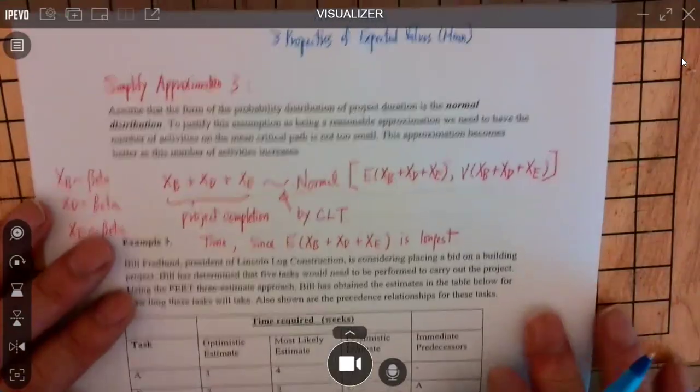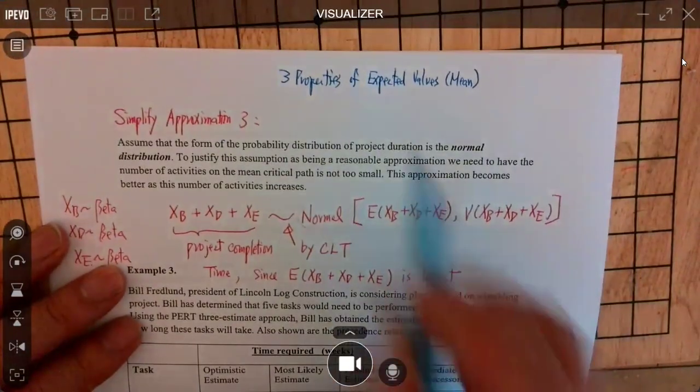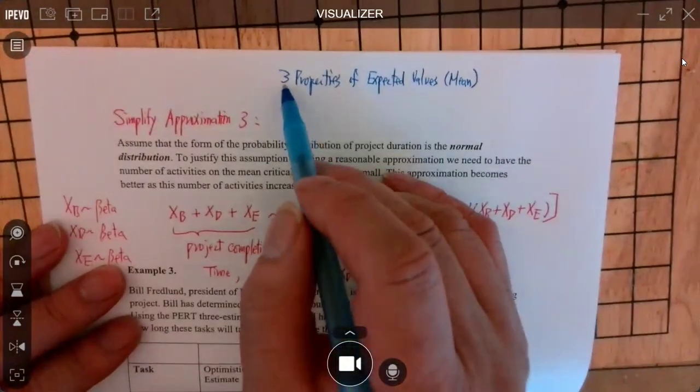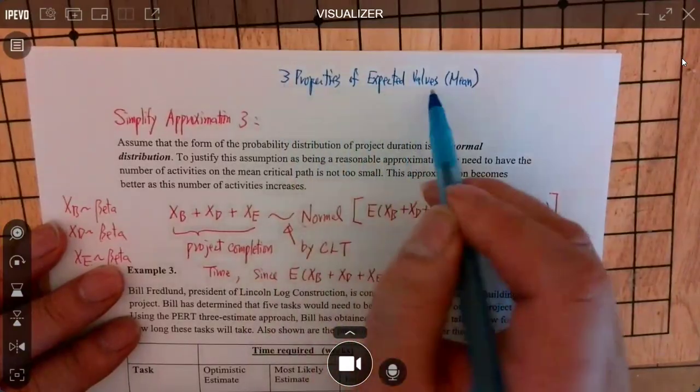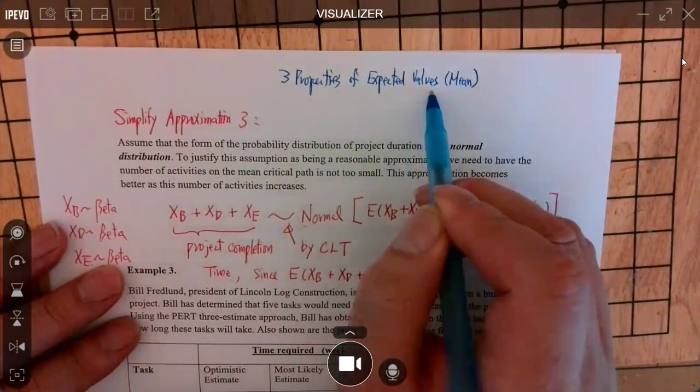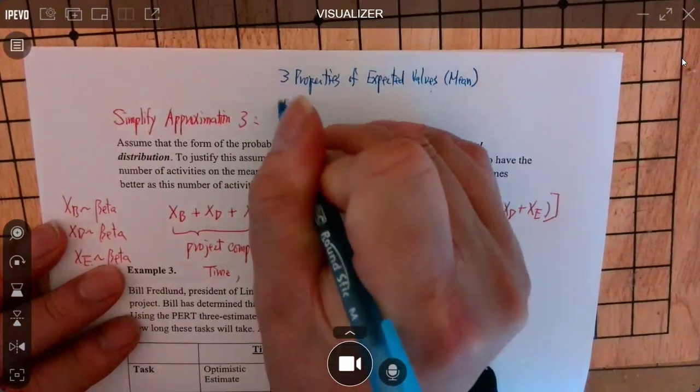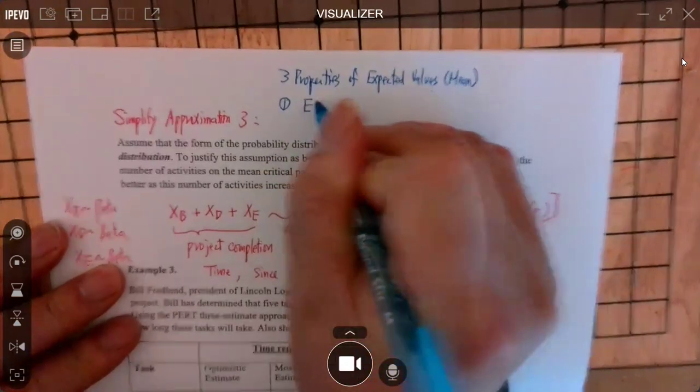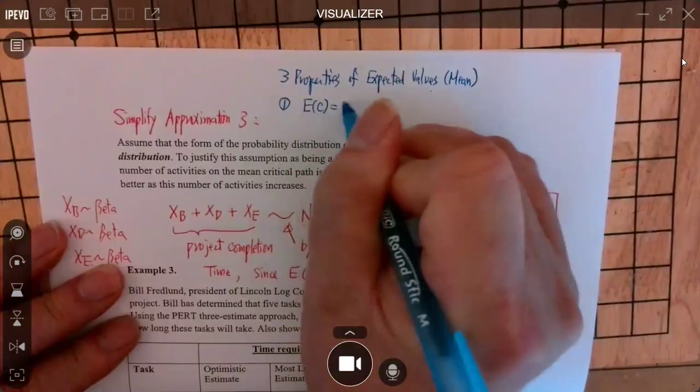Okay, let's recall the video I posted about 3 weeks ago. 3 properties of the expected value of a random variable. Property 1: the expected value of a constant is the constant itself.